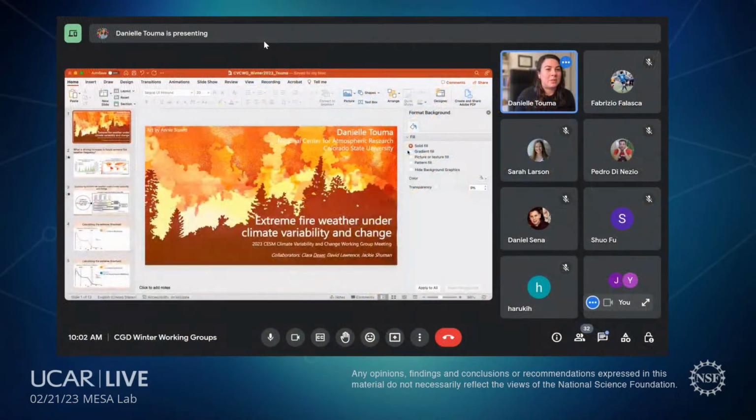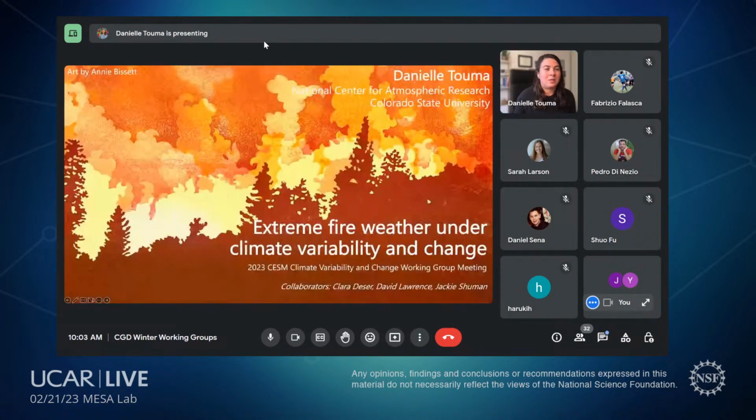Do you see the screen? Yep, it's not in full screen mode yet, but we see the slides. And now is it in presenter mode? No. You don't see it? Yep, now it's good. Is it in the full screen mode? Okay, yep, great. It's full screen. Cool. Yeah, thanks for having me. I'm sorry I can't be there in person.